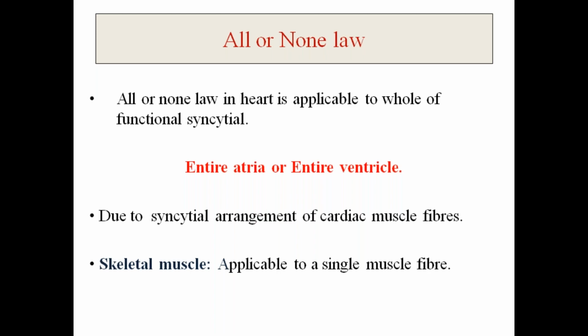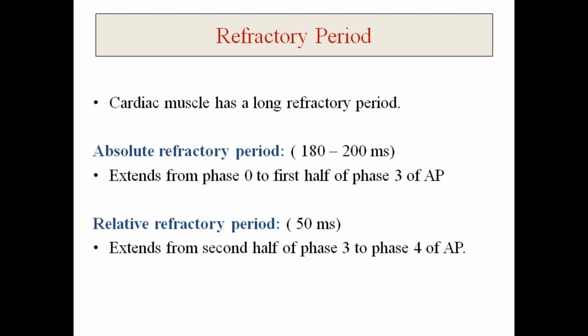Similarly, with respect to the ventricle, if at one location of the ventricle you give an impulse of threshold level and an action potential is created in the ventricle, this will be conducted throughout the ventricles. So in cardiac muscle, the all-or-none principle with respect to action potential is applicable at the level of the atria or ventricles. Now, the refractory period.